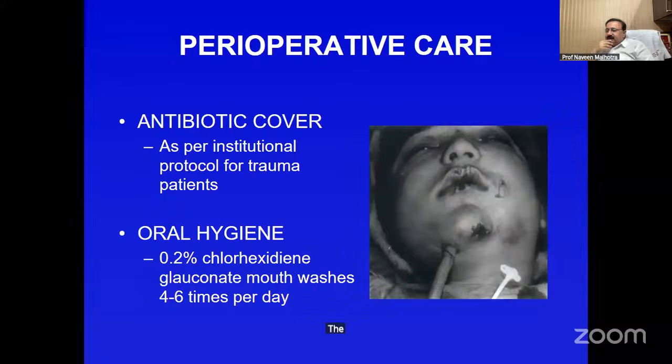The standard institutional antibiotic cover for trauma patients, whatever the institute protocol is, is sufficient, and you ask the patient to do 0.2% chlorhexidine mouthwashes every time they eat or drink, and at least 4 to 6 times a day to maintain oral hygiene.